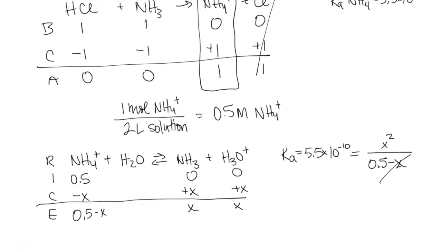Then I'm going to take the square root of that to solve for x. And I get 1.66 times 10 to the minus 5 as my value of x. So going back over here, it's true that I can for sure neglect x there, but I'm going to have a concentration of H3O+.